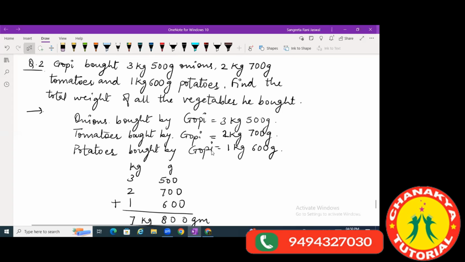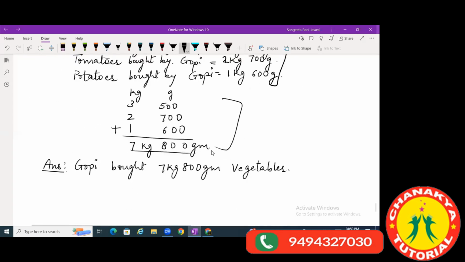You have marks for writing these steps, marks for this calculation, marks for this part, and then marks for your final answer. This is how the marks are given in the exam by the teacher. If you do only this much part, then out of 3 marks you will get just 1 mark. Okay, ma'am. So do it stepwise.